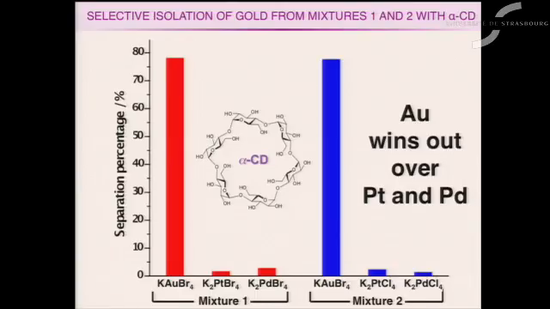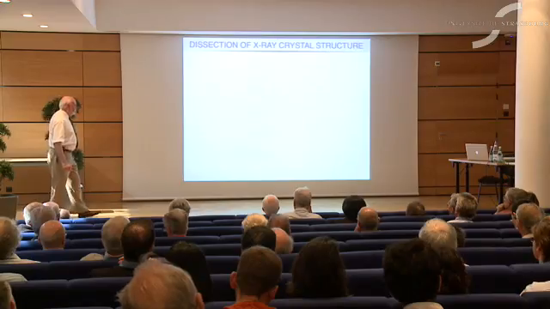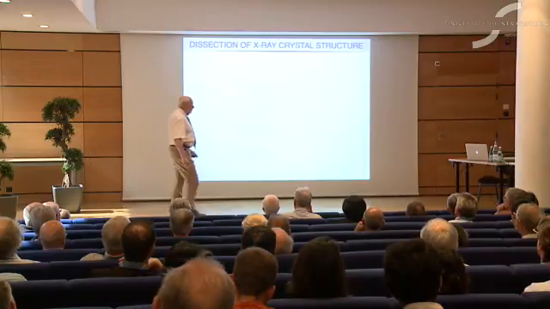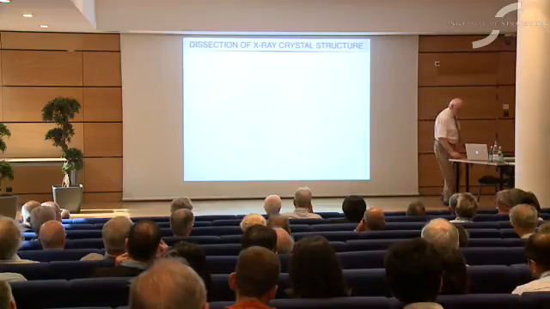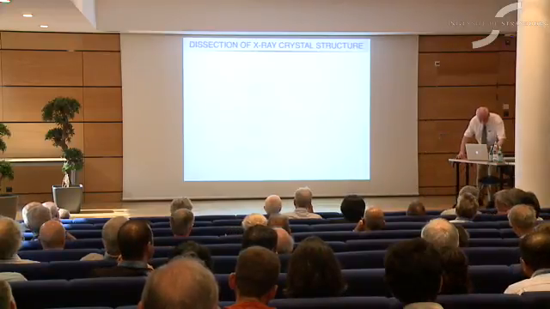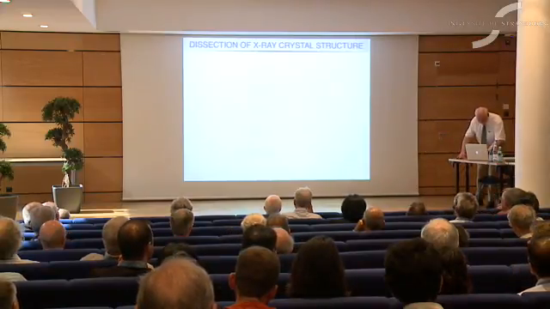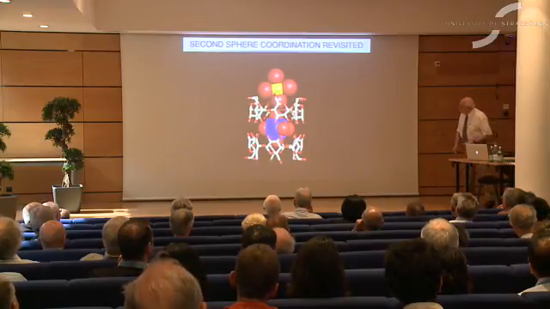You try platinum or palladium, and you're not in the business. And so if we just dissect the crystal structure, which it doesn't want to do, apparently. Okay, well, I missed a slide.